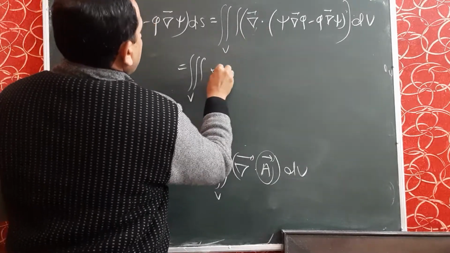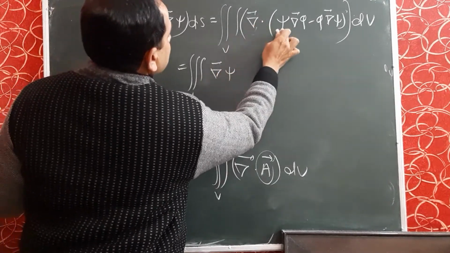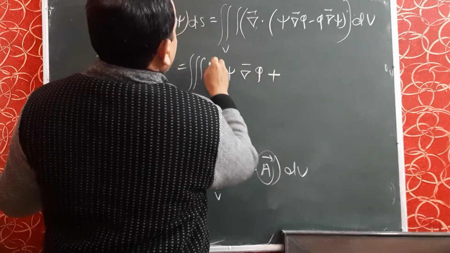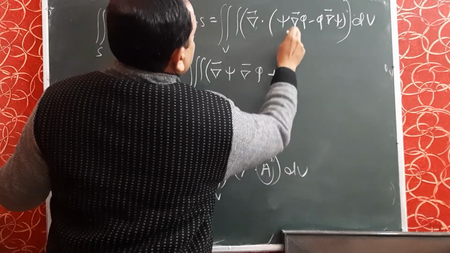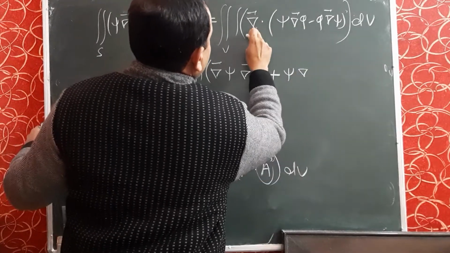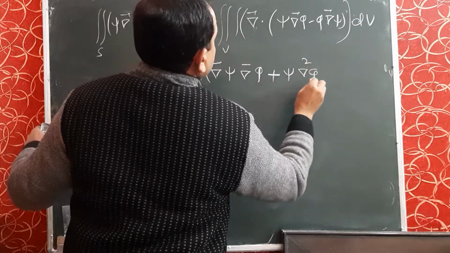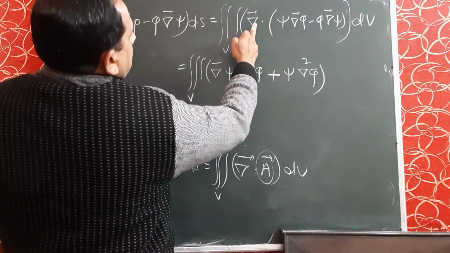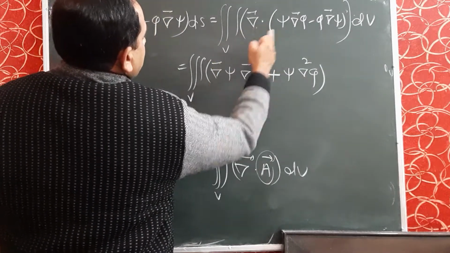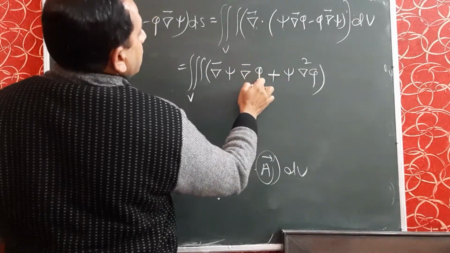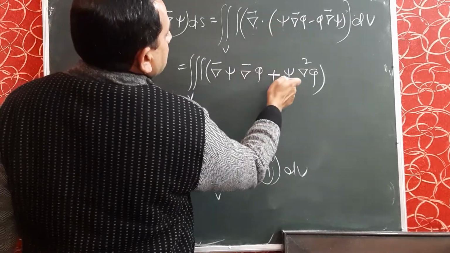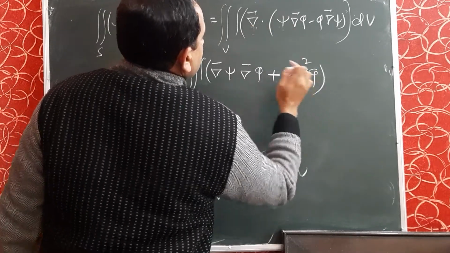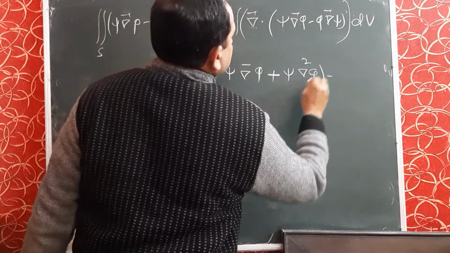For the first term, it will become del psi, derivative of first, into second as it is, del phi, plus first as it is, psi, and derivative of the second, del of del phi, that is del square phi.